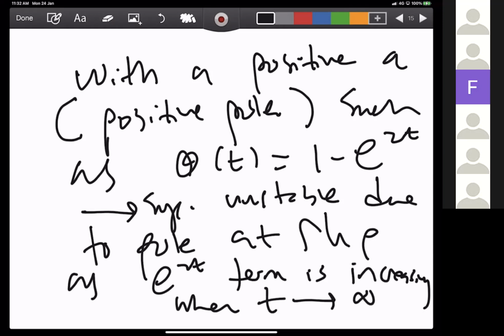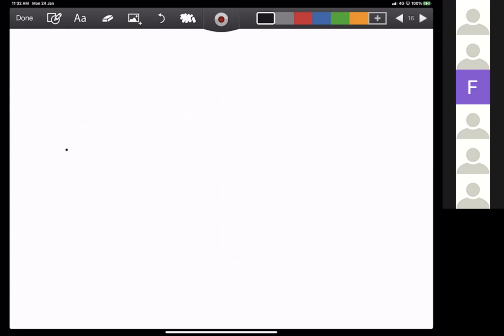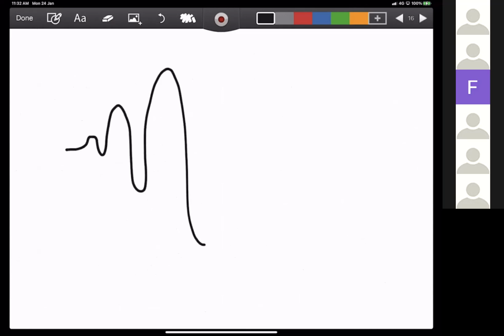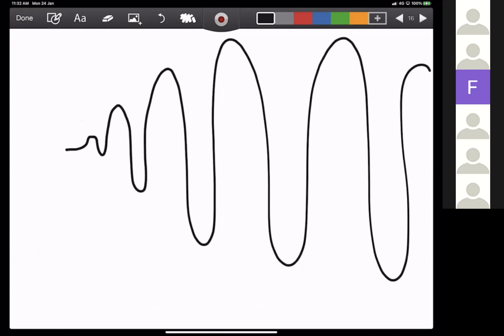So it will look like this, growing when t goes towards infinity. So this one is unstable.